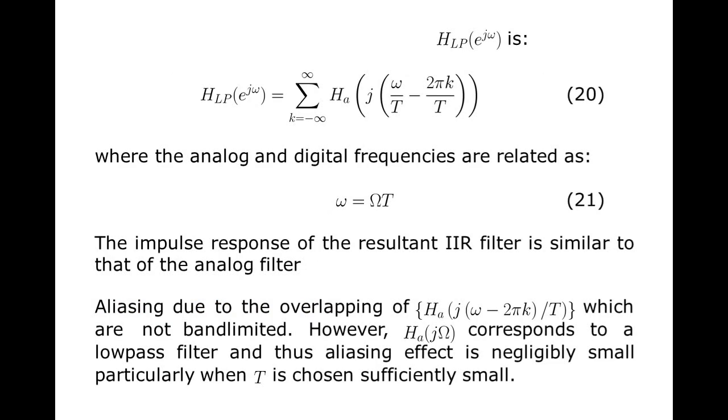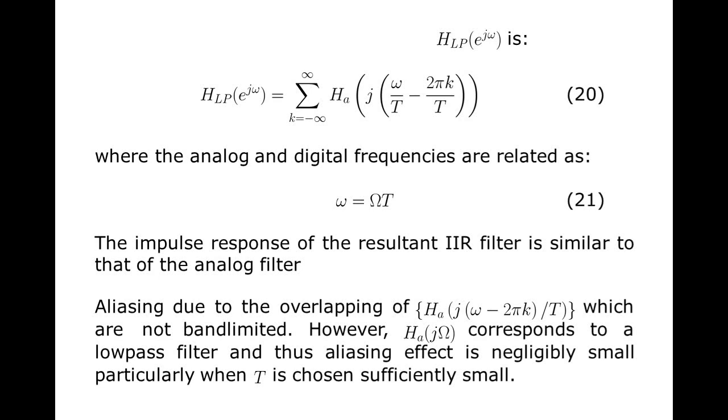So HLP of e to the j omega is equal to the summation of HA of j times the bracket omega by T minus 2 pi k by T, where k goes from minus infinity to plus infinity, and the analog and digital frequencies are related as omega equals ohm times T. Omega is the digital frequency and ohm is the analog frequency, and in the impulse invariance method there is a linear relationship between omega and ohm.